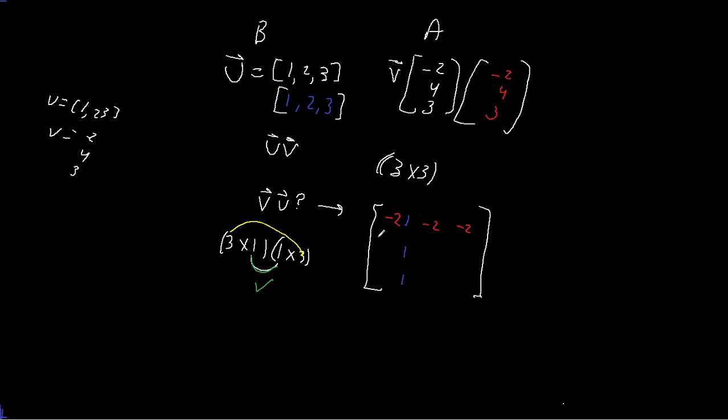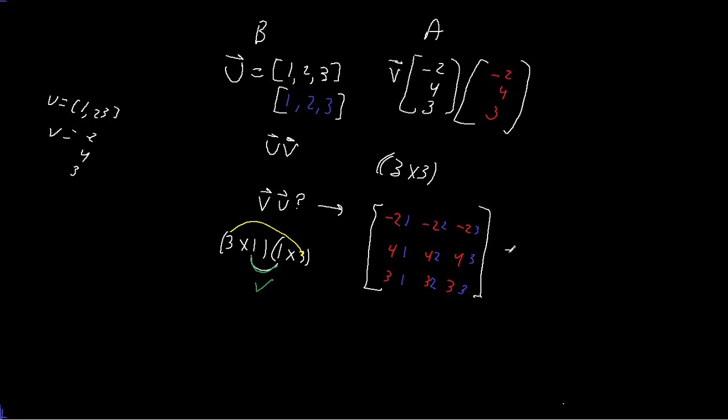The second row is the second row of A, which is 4, 4, 4. The third row is the third row of A, which is 3, 3, 3. The second column of the output is the second column of B, which is 2, 2, 2. And the third column is the third, which is 3, 3, 3.